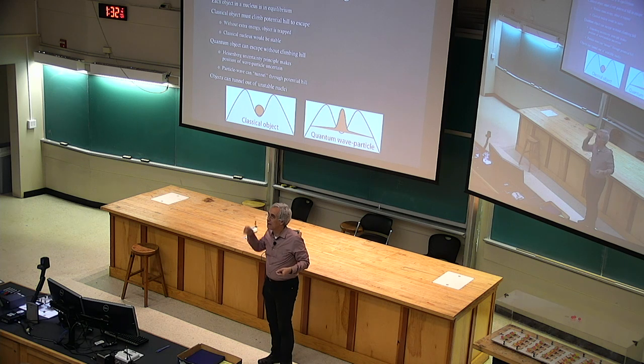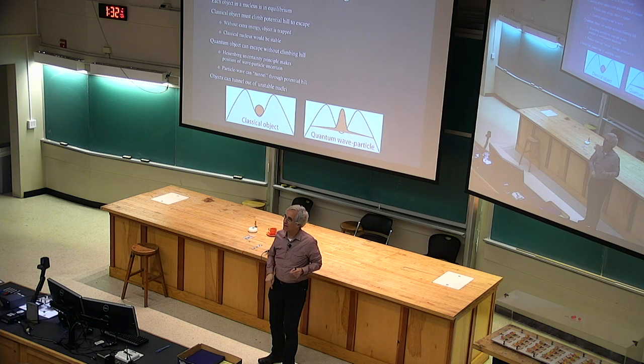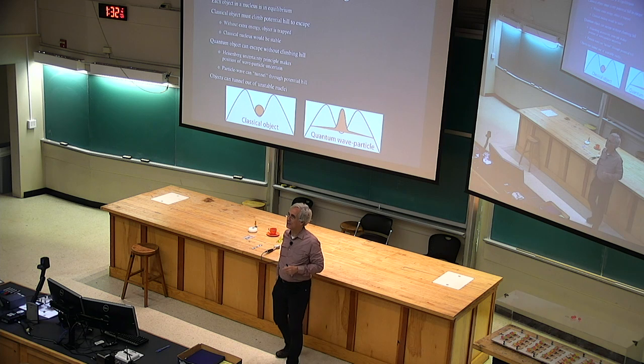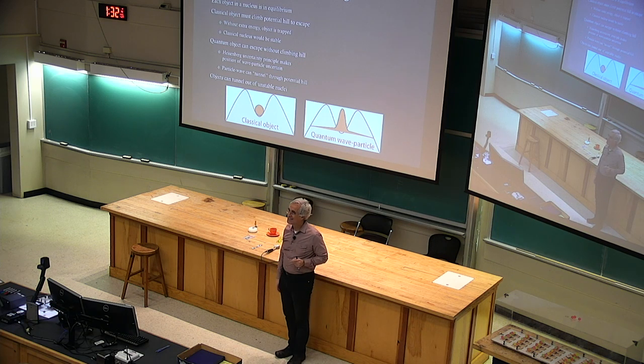Where'd the energy come from? It came from your measurement. If you find it in there, the act of locating it actually supplies the energy. Who's going to look? Well, you got to look. If you look, you got to sort of poke at it. The poking adds energy, and if you find it there, you paid for it. You bought it. You broke it.